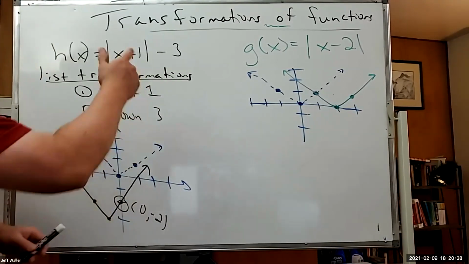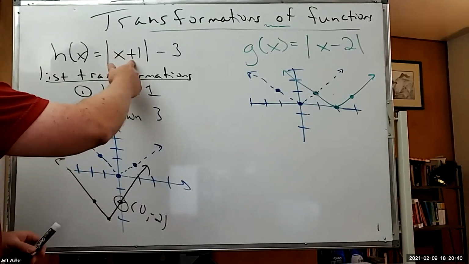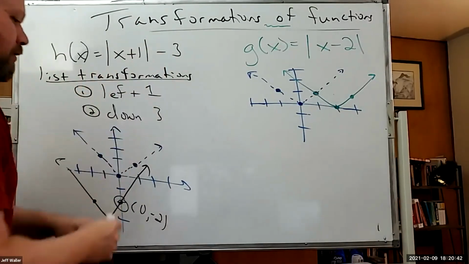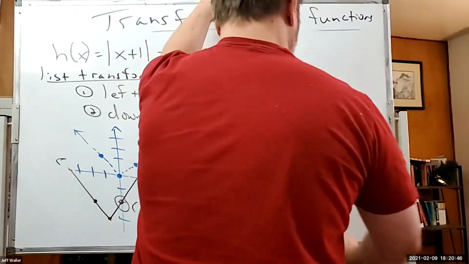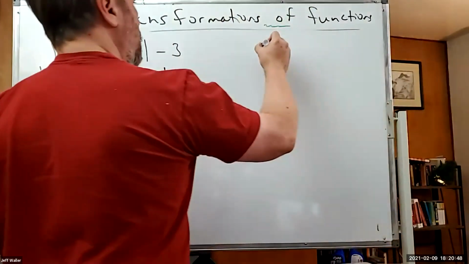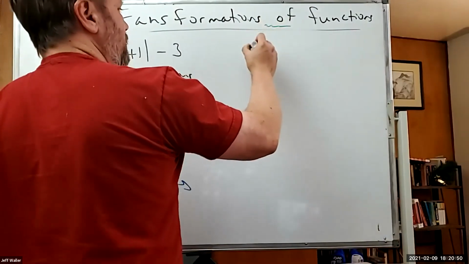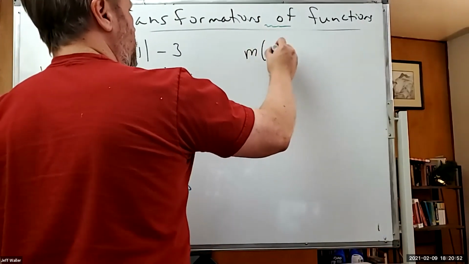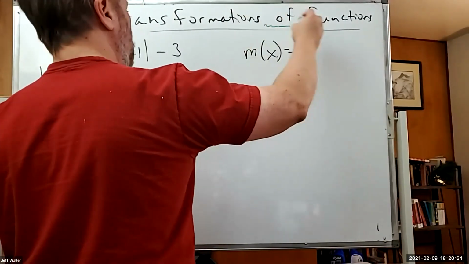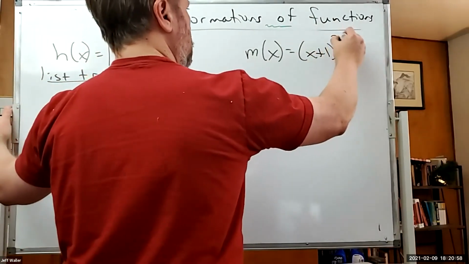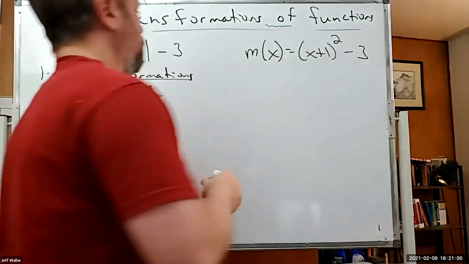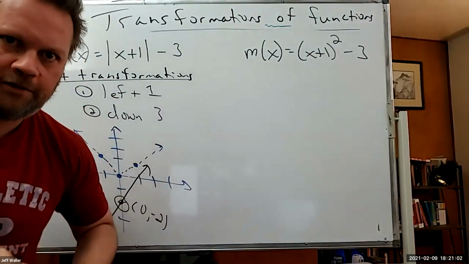So any function that we know will work the same way. So what if I had this? All right, let's get crazy. M of x. What are the transformations?